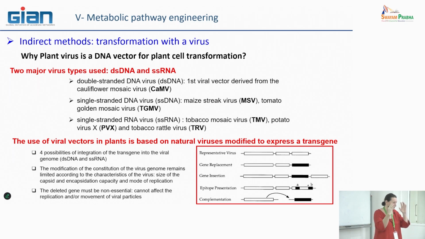They are genetically programmed to fit a specific volume. So if you increase the size of your DNA or RNA, it will not be possible to make new virus particles. So you need to be careful of that.